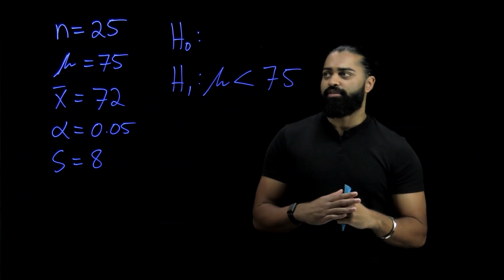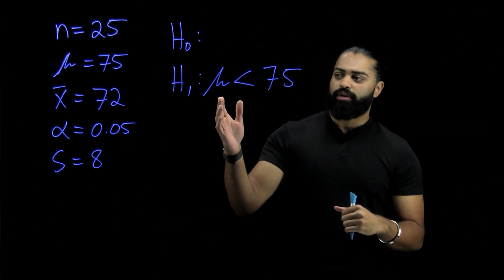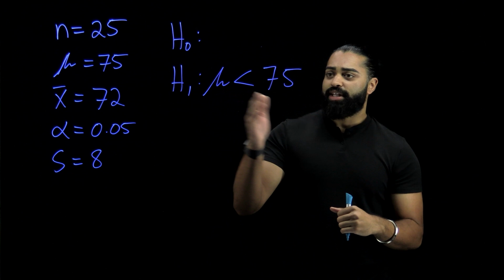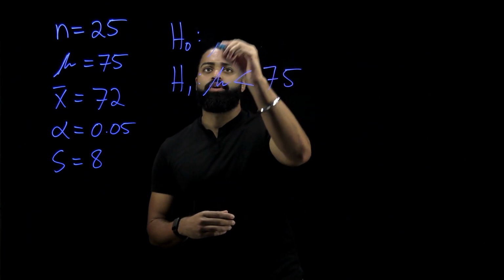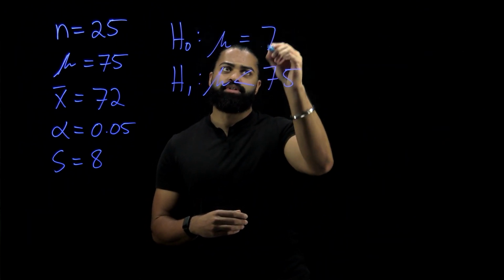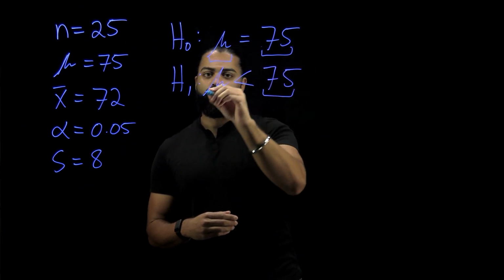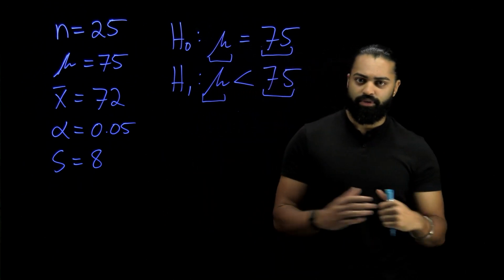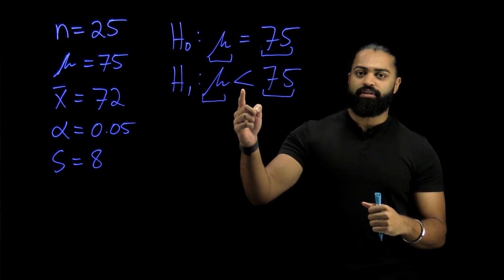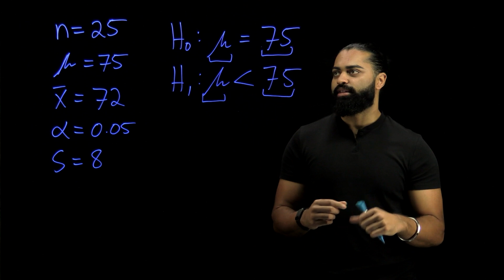And you know if your alternative is mu is less than 75, the null is going to be mu is equal to 75. So these two symbols will always be the same, regardless of what test that we do. The only thing different is going to be the inequality right there.